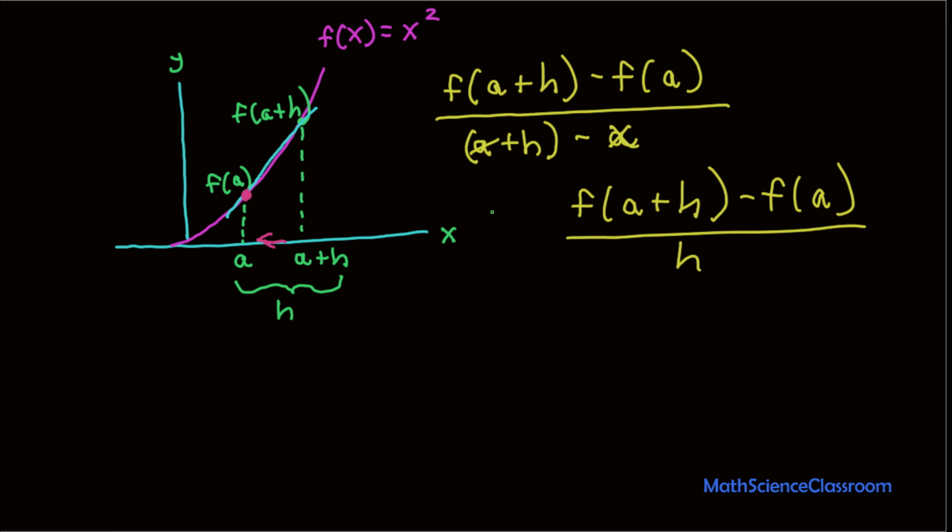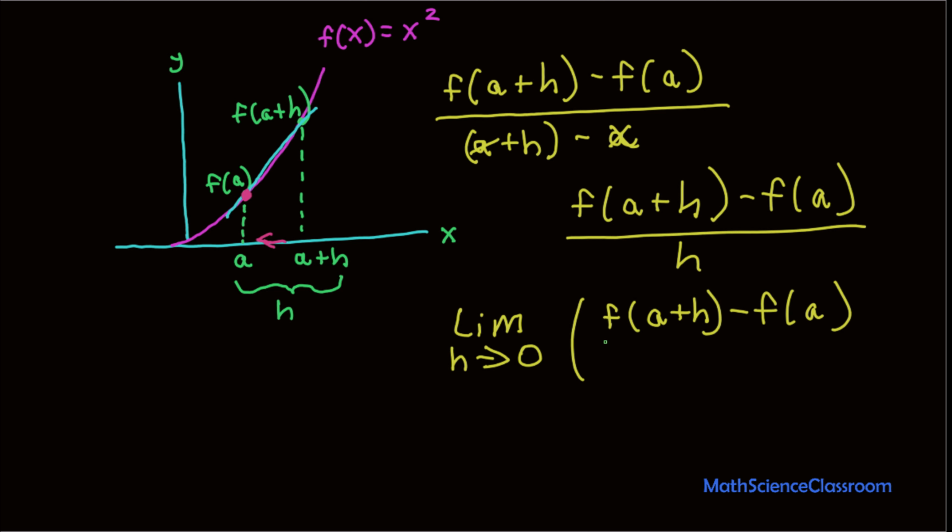So we will rewrite this. It would be the limit as h approaches 0 of f of a plus h minus f of a over h. And that is our definition of the derivative.